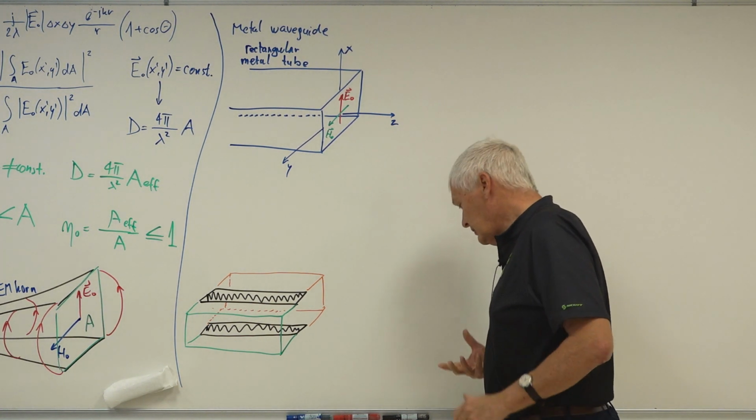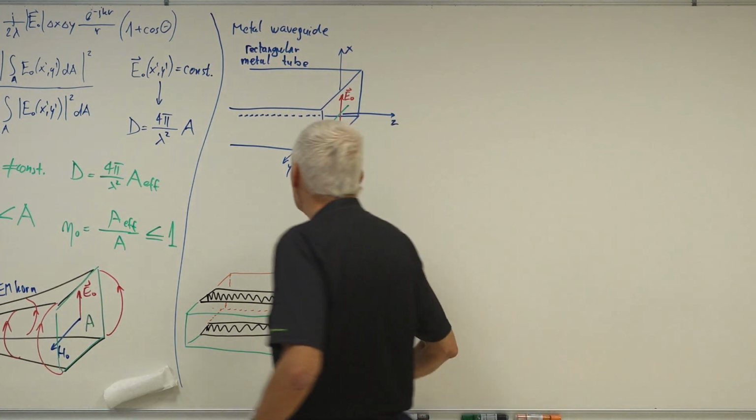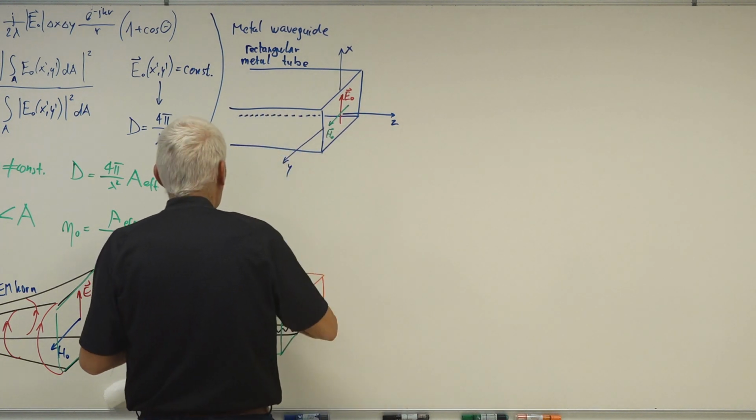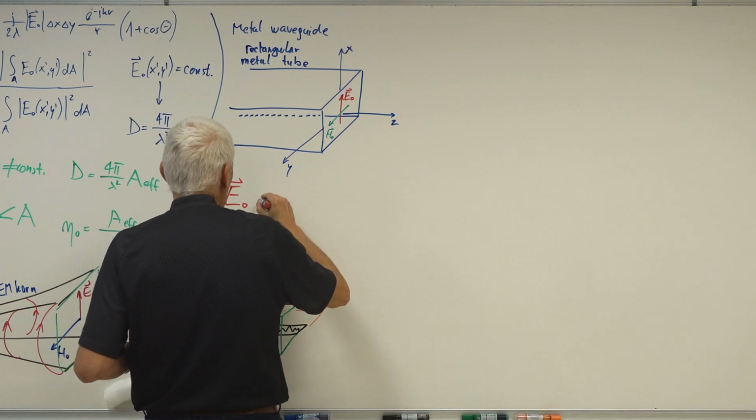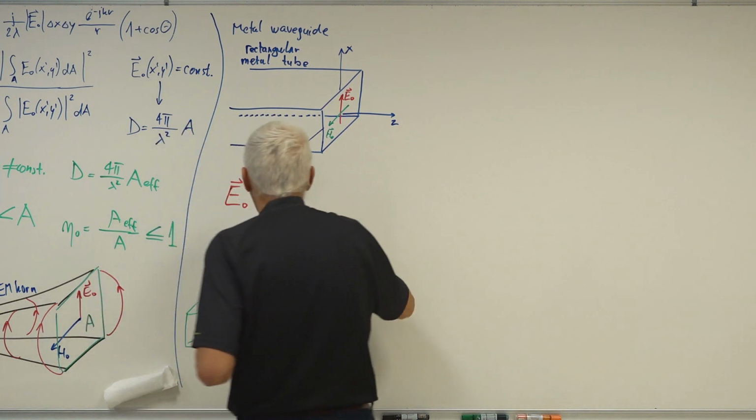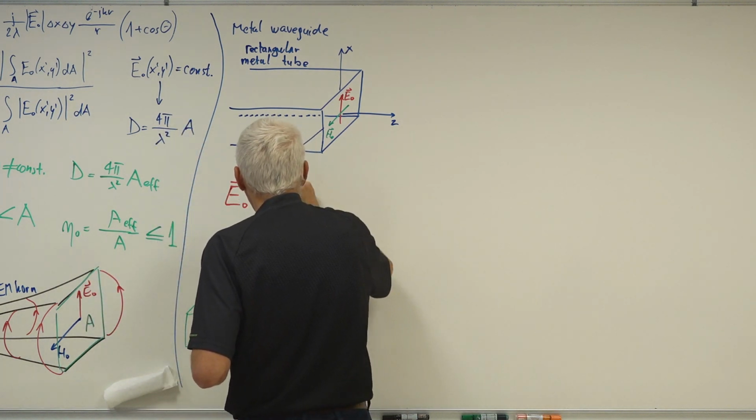What is the theoretical solution now for the electric field? The solution for the electric field inside the waveguide is in direction 1x.